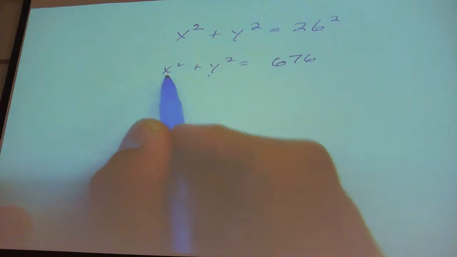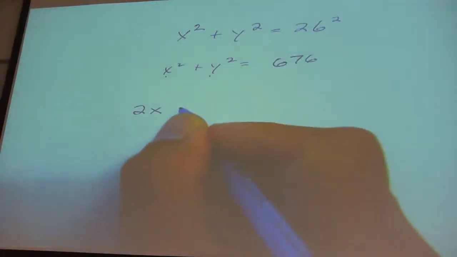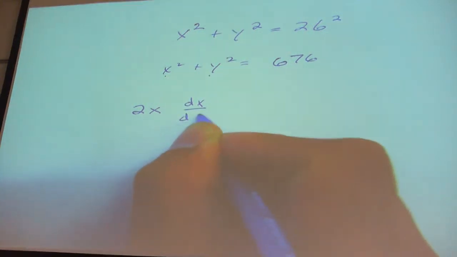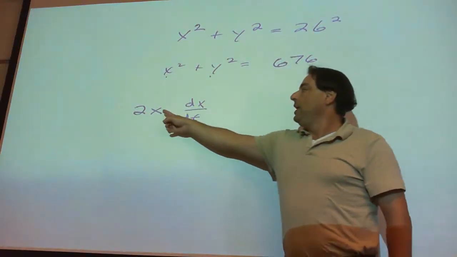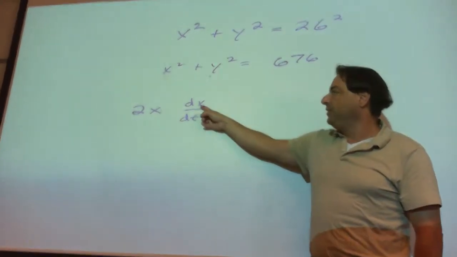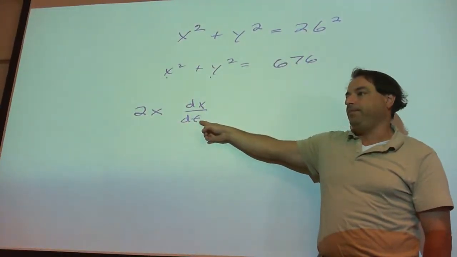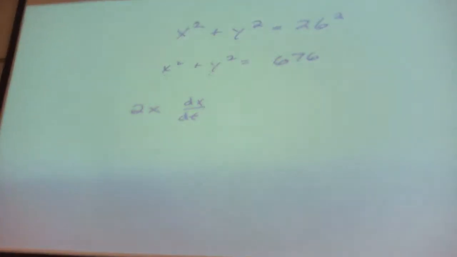What's the derivative of x squared? 2x. Does everybody see how I got 2x? Now what we did was the derivative of x with respect to time. This is what we skipped in section 3.5. I took the derivative of x, dx, with respect to time. Now I'm going to do the same thing for y.